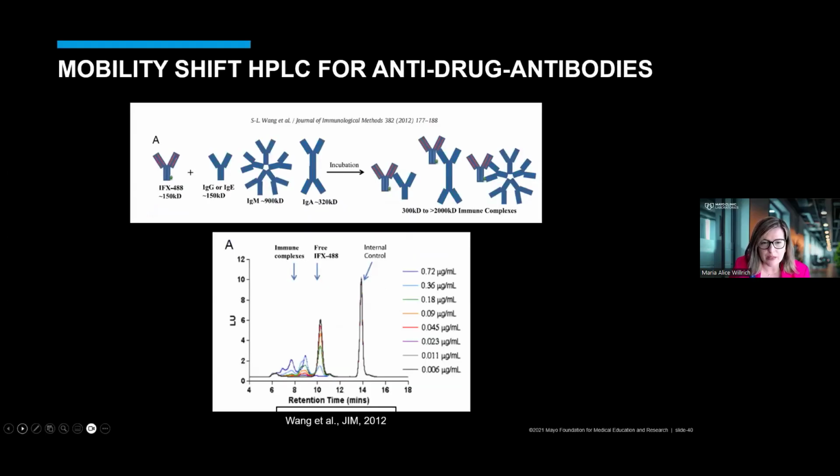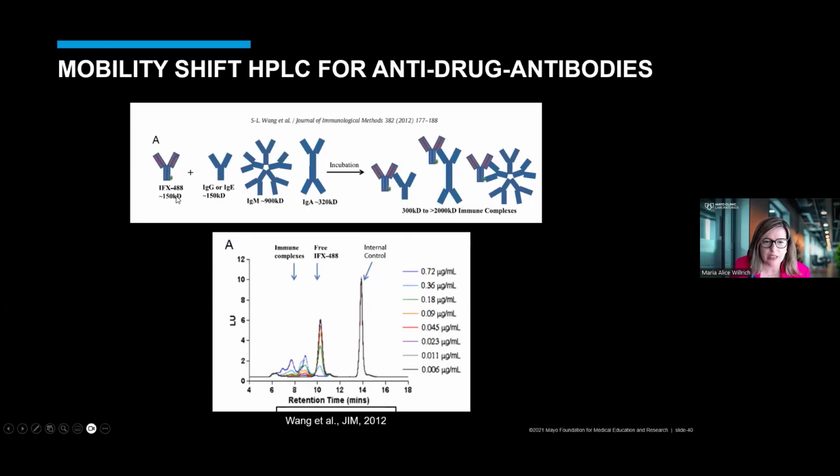There are several methods available to measure the formation of anti-drug antibodies. The first one that came to the market was this mobility shift high-performance liquid chromatography. And all we know about these anti-drug antibodies is that they target the drug, right? So the drug is generally used as a reagent in the test, and then we need to identify it to differentiate it and to detect it in the analytical assays.